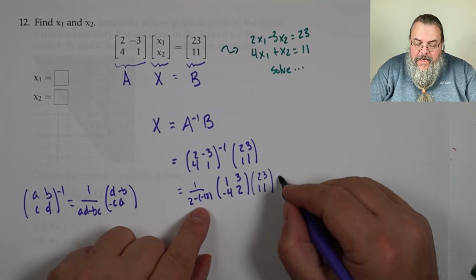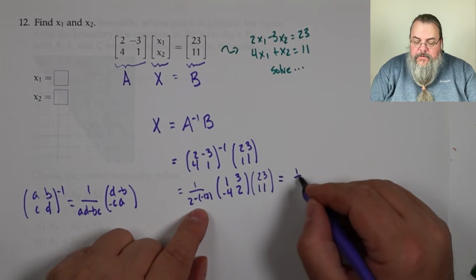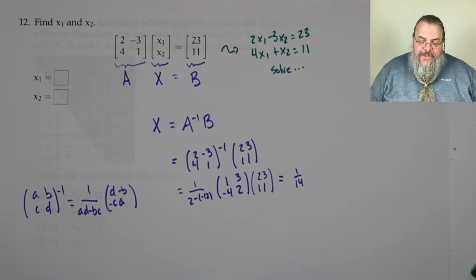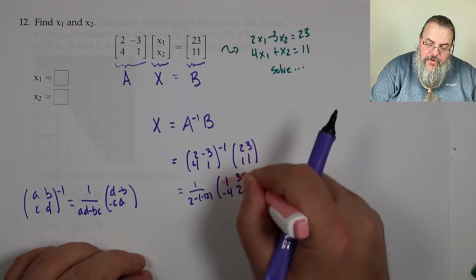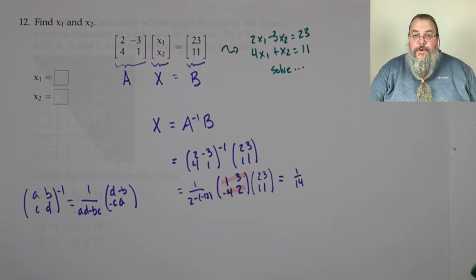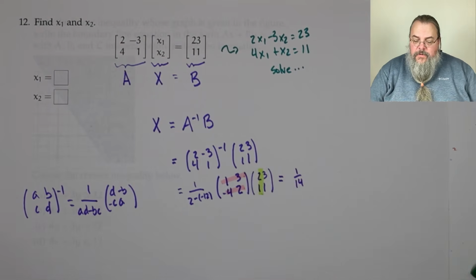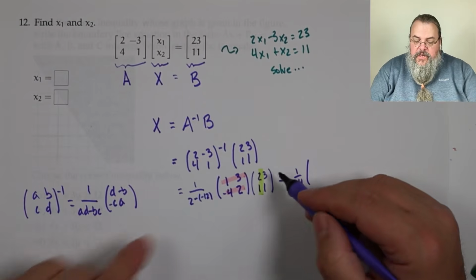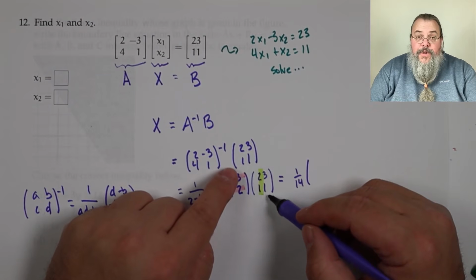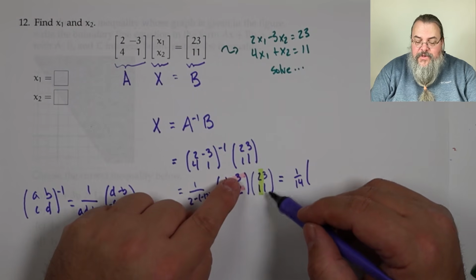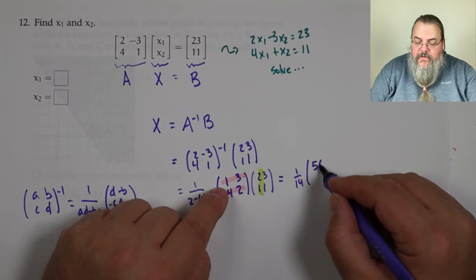All right, so what do we have? Well, we have 1 over 14, and now carry out the multiplication. So we have our 2 rows, but we just have the 1 column. So that would be 23 plus 33, right? 23 plus 33, 56.